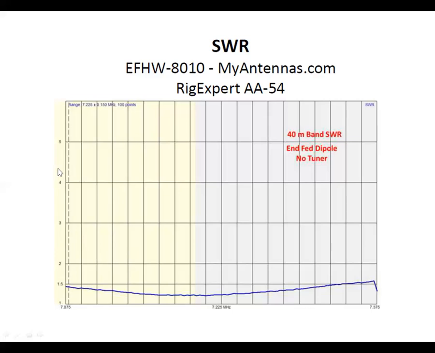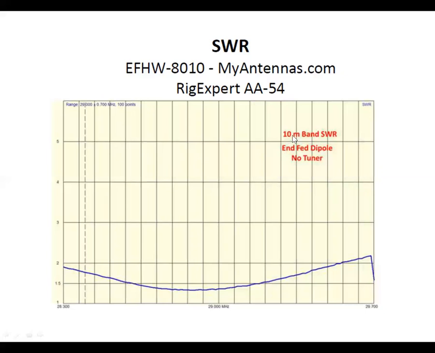And you have dedicated tuners that aren't built into the radios that can handle much higher standing wave ratios if that's what you need to do. So this would be a very good standing wave ratio for 40 meters with this antenna, which is one reason we selected it for the antenna up at the clubhouse. It gives us coverage anywhere from 10 meters to 80 meters.